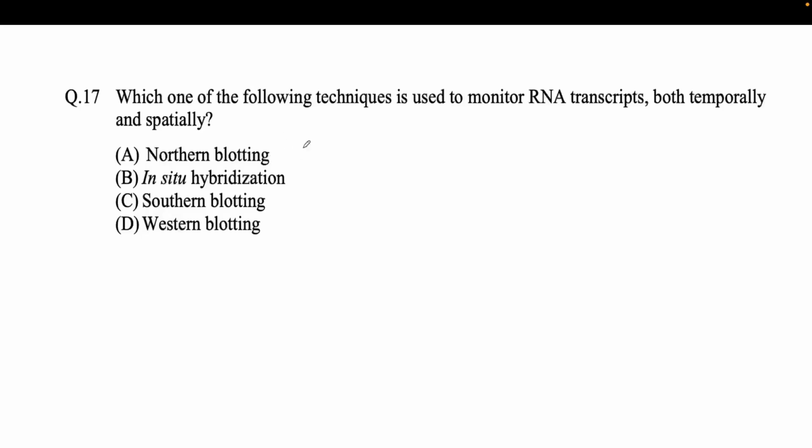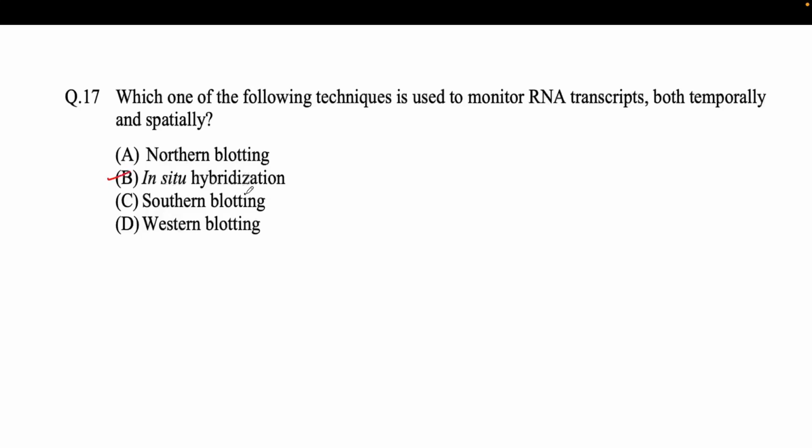This only tells you whether your target is present or absent in a complex mixture. It can't tell you where it is present inside the cell. That can be identified by in situ hybridization. So the correct answer of this question will be in situ hybridization.